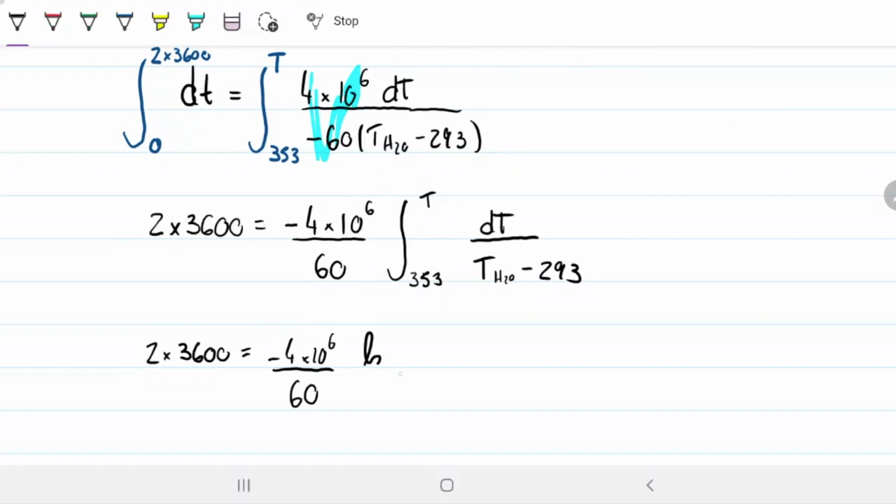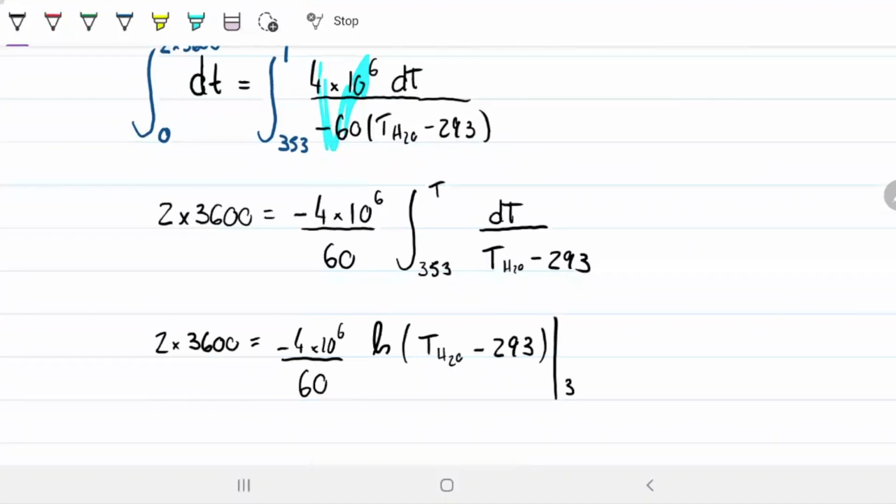natural log of T minus 293. In this case here, there's no negative because it's not 393 minus temperature, it's the other way around.